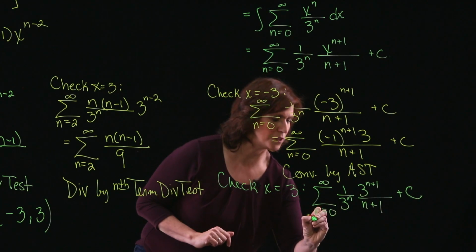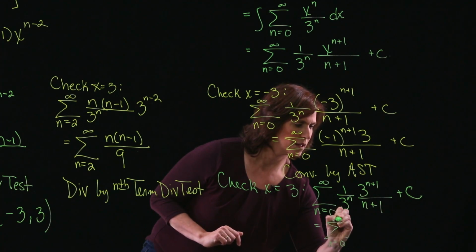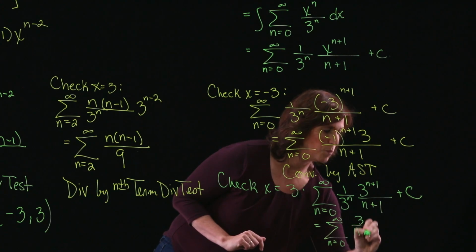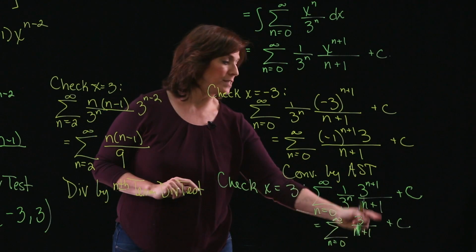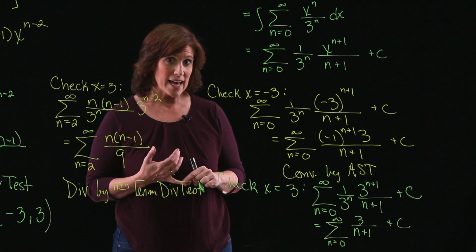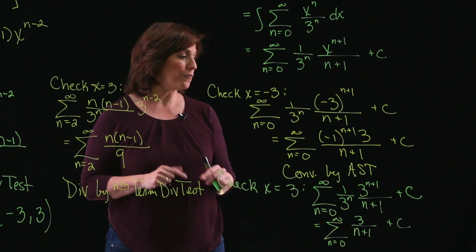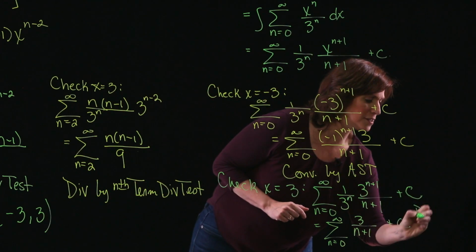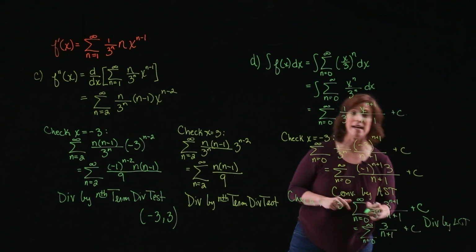And this reduces to a 3 all over n plus 1. Now this particular series, if you use the limit comparison test and compare it to the divergent series 1 over n, you will find that this particular series diverges. So it diverges by the limit comparison test.